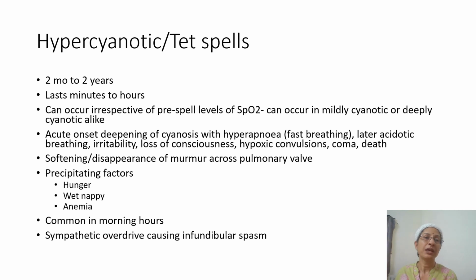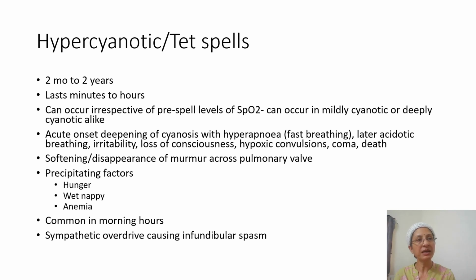What is to be remembered is, when we have seen the structure of the infundibulum, it's a funnel-shaped structure at the top of which is situated the pulmonary valve, and beyond that there is the pulmonary trunk. The infundibulum is a very muscular structure and has a very rich innervation by the sympathetic system. So when there is a high sympathetic overdrive, there will be constriction of the infundibulum.